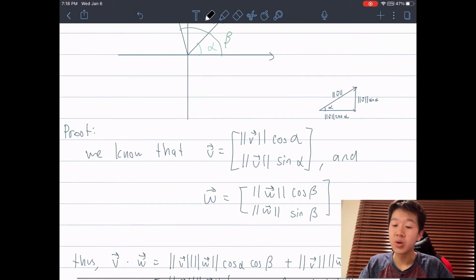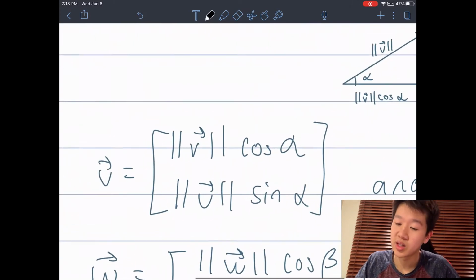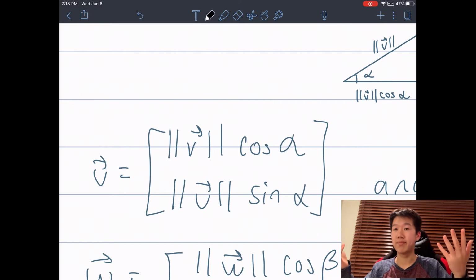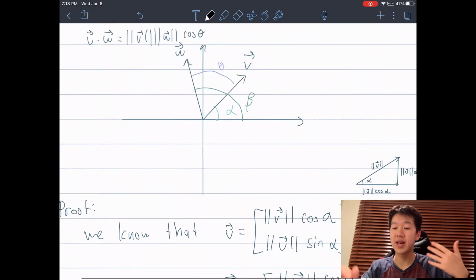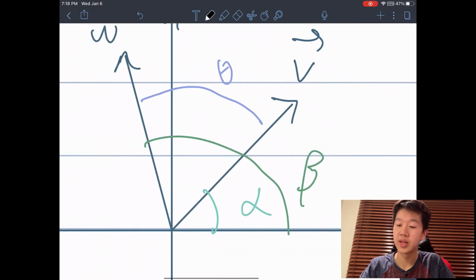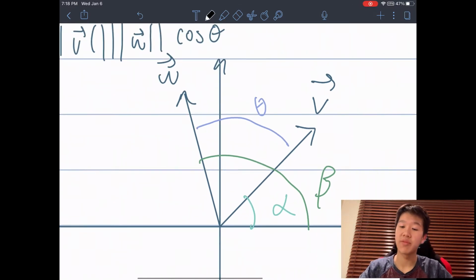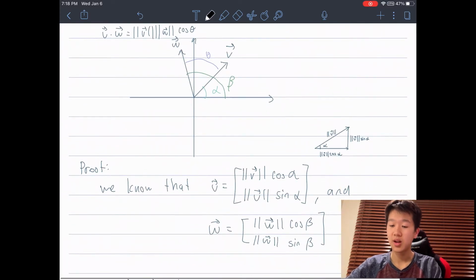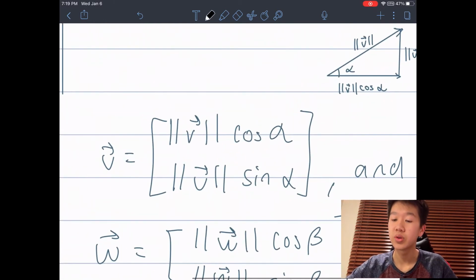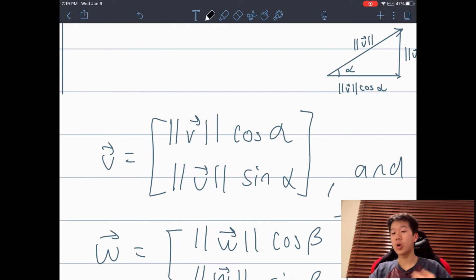So we know that the vector v, if you refer to it by the magnitude of v and only by its angle, so we have v and then alpha, meaning the angle from the x-axis, and we have w here with its angle from the x-axis, which is beta. Then we know that v is equal to the magnitude of v times cosine of alpha and the magnitude of v times sine of alpha.